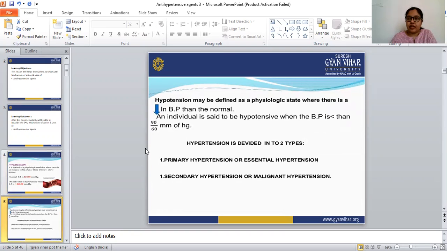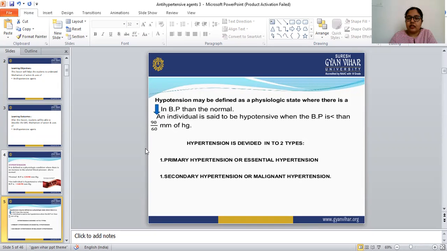There is hypertension as well as hypotension. Hypertension means the patient has increased blood pressure above normal, and hypotension is the condition where the patient has BP below normal. Hypotension may be defined as a physiological state where there is a decrease in BP from the normal.